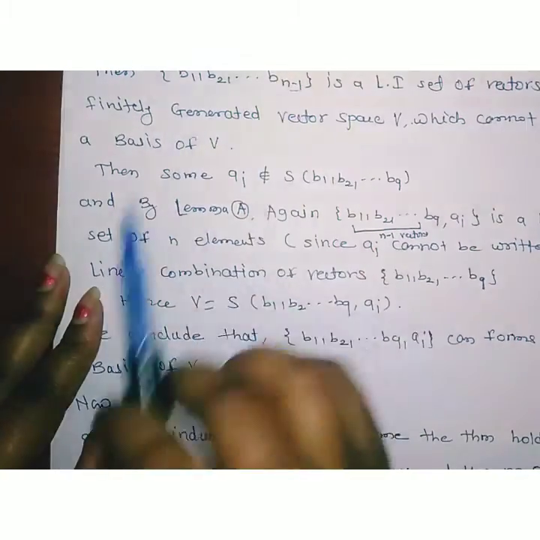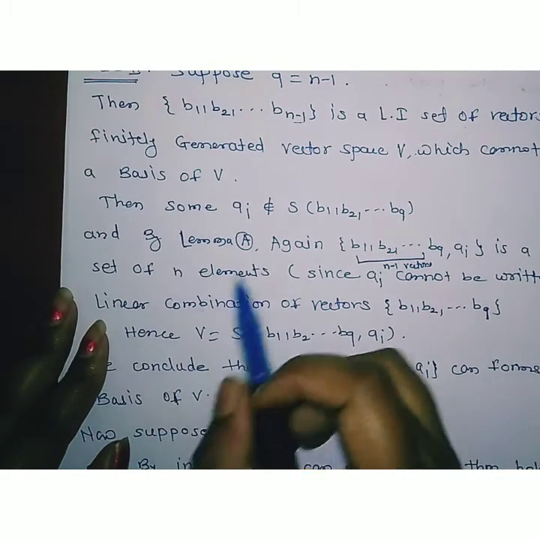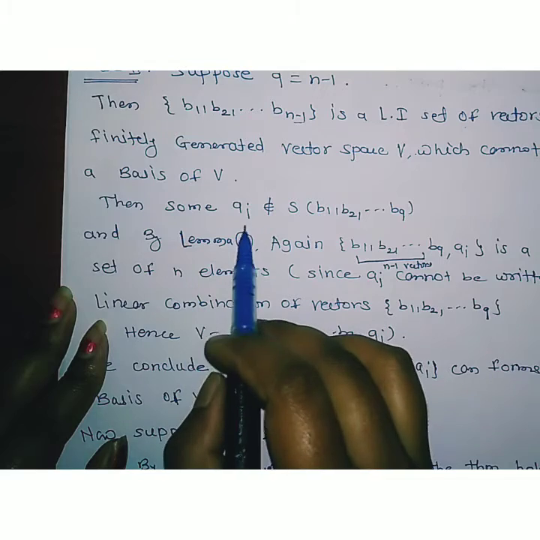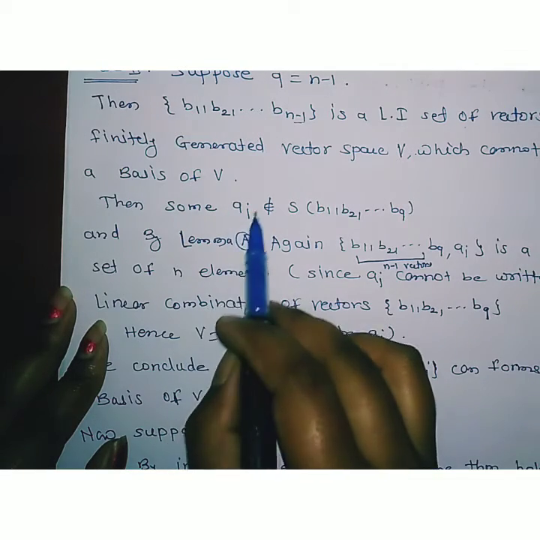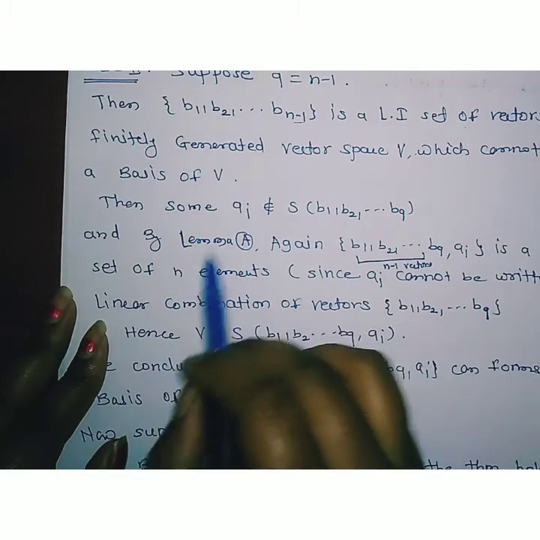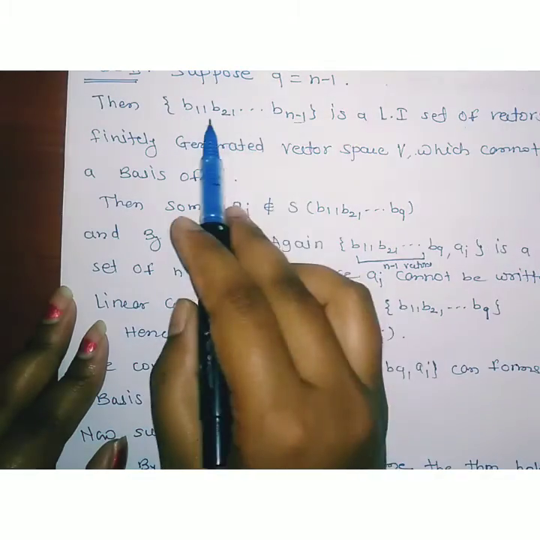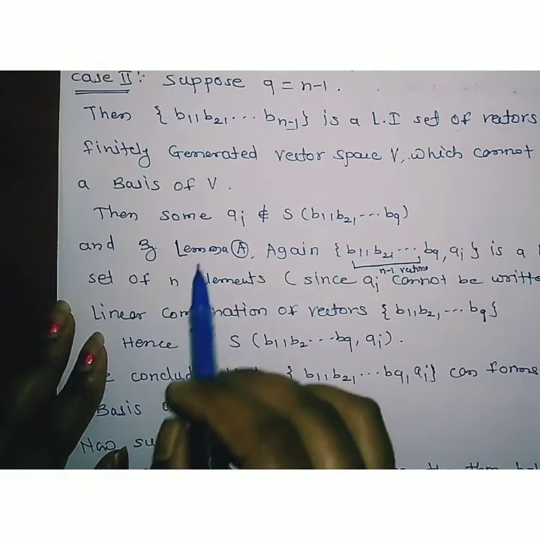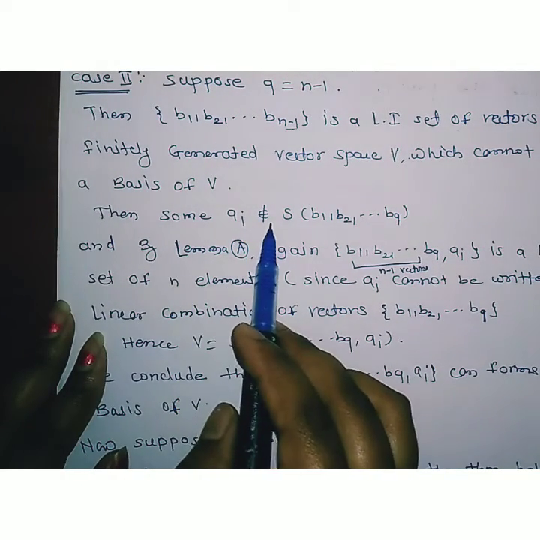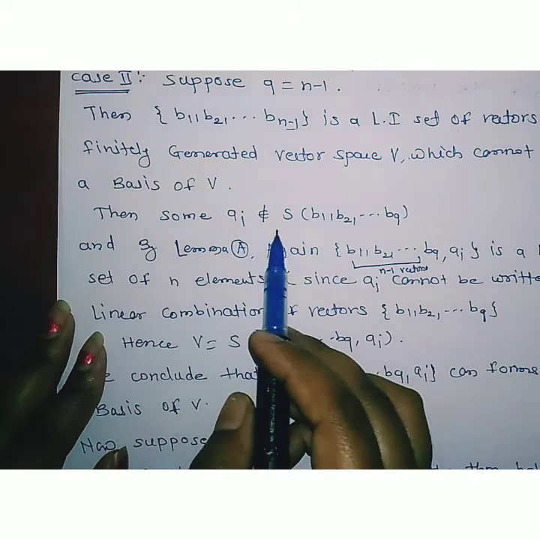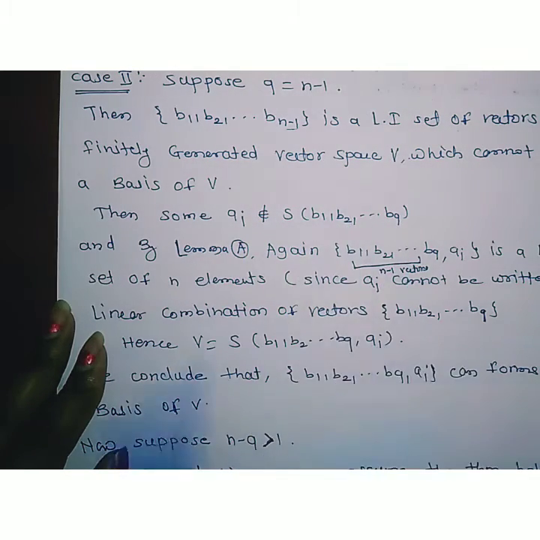As this cannot form a basis of the vector space V, and V has a basis a1, a2, an, there exists some ai which does not belong to the span of b1, b2, bq.